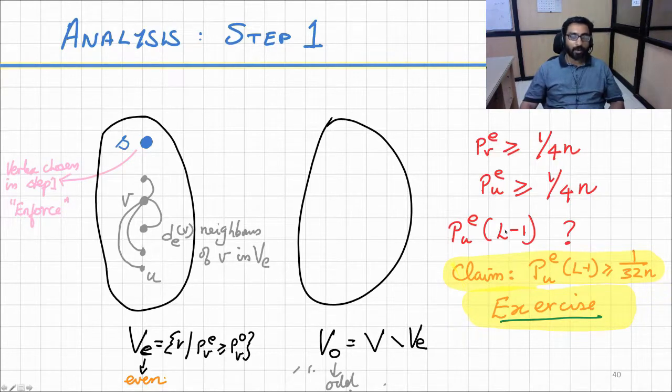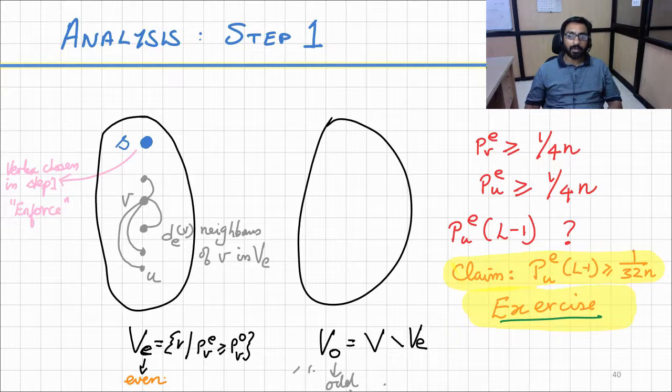So the probability of reaching U having the same walk structure but achieving that in L-1 random walk steps, you can achieve by just skipping one of the self loops, if you will. So exploiting that, we want to get a bound on this probability, and we want to be able to say that it's at least 1 over 32n. So this is your exercise. And now let's proceed with this bound.